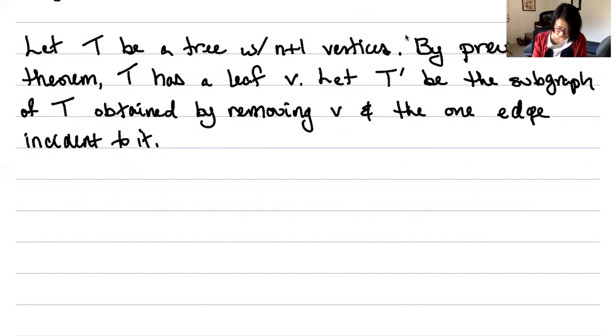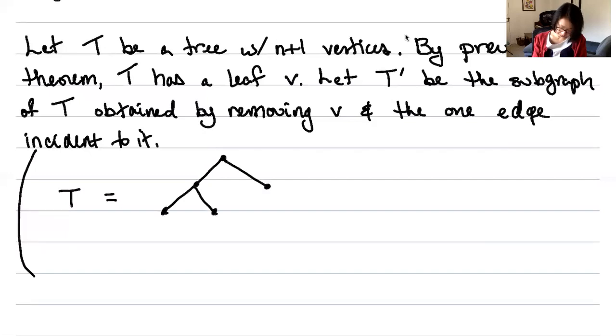So maybe I'll draw a little example. This is like an example that's kind of in parentheses, to give some intuition. So suppose your original tree might look something like this. Now here is your vertex V that happens to be a leaf.